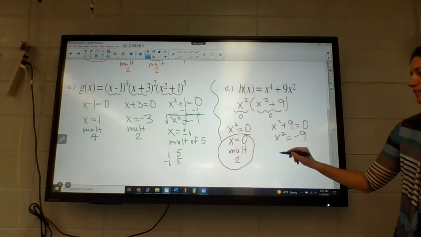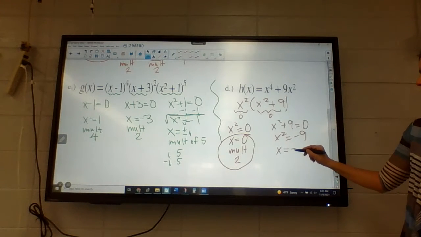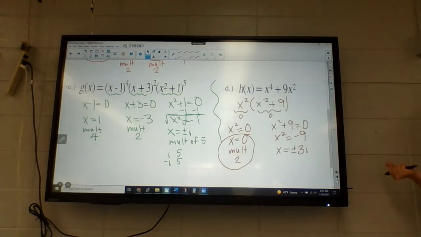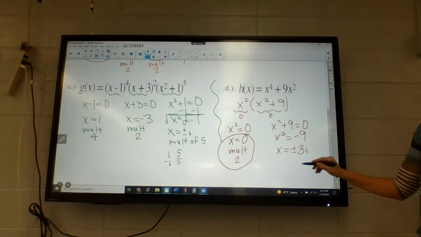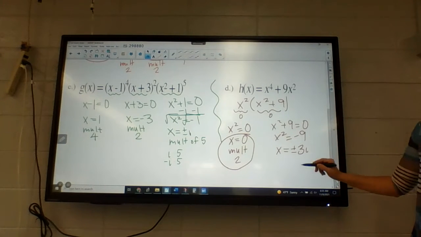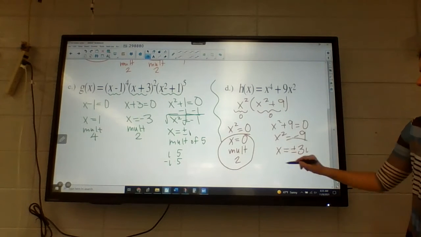Plus or minus 3. So this is where we get the i again. So plus or minus 3i. Because the square root of a negative, we just pull that i out, and then the square root of 9 is 3. And we need the positive and negative, and then this one doesn't have any multiplicity, right? This is not squared.